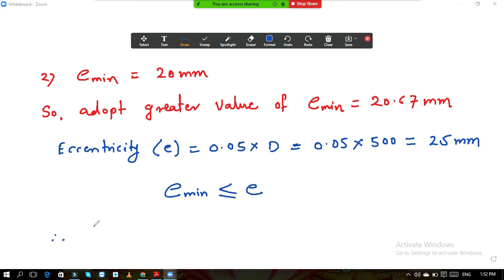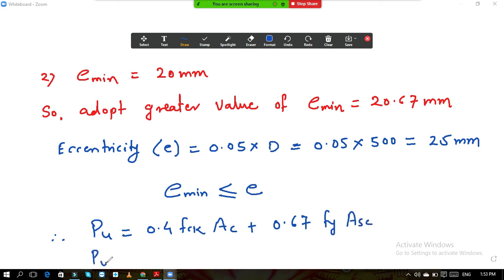Therefore, Pu is equal to 0.4 fck Ac plus 0.67 fy Asc.